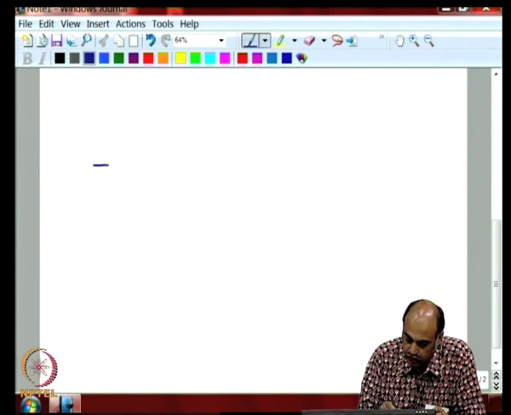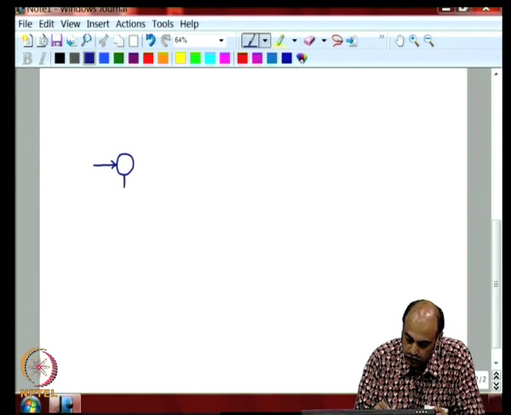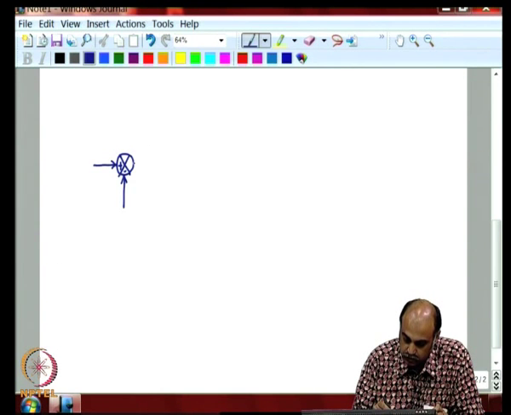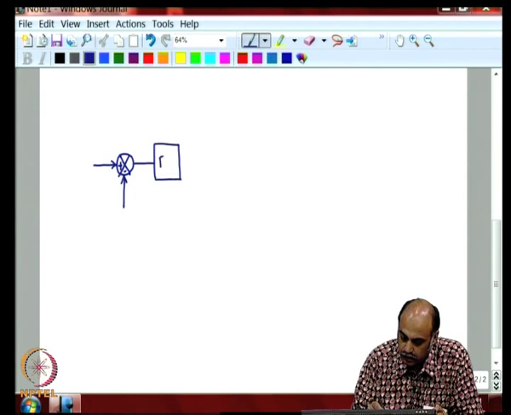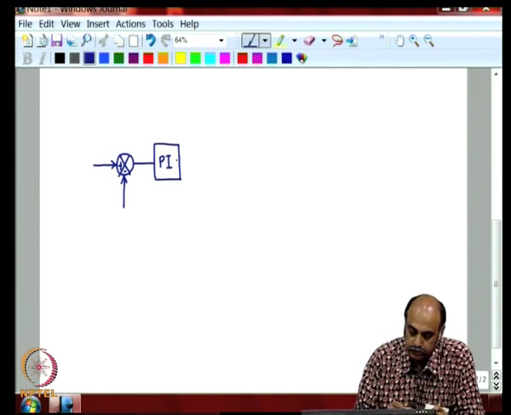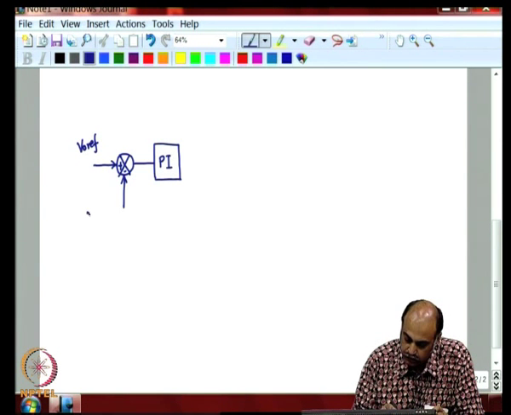See, normally our controller, even in the trial and error approach, was a comparator followed by a PI controller. We have V naught reference and we have V naught feedback.